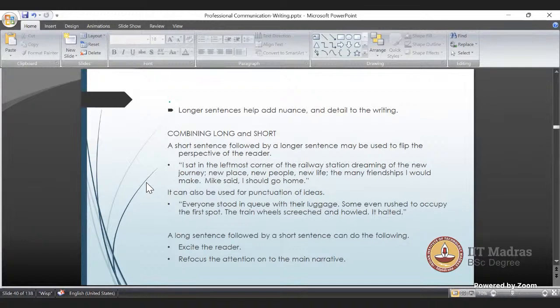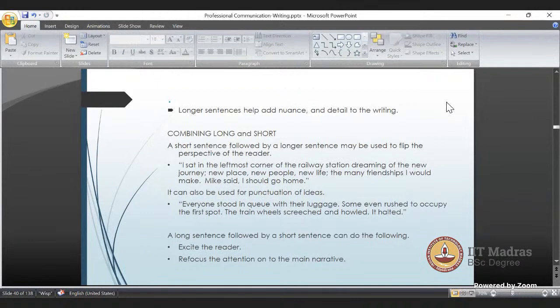Mike said I should go home. Now, look at that carefully and tell me, what do we mean by flipping the perspective of the reader? Look at it very closely, and maybe one or two of you can respond so that I know if you understand what flipping the perspective of the reader means.